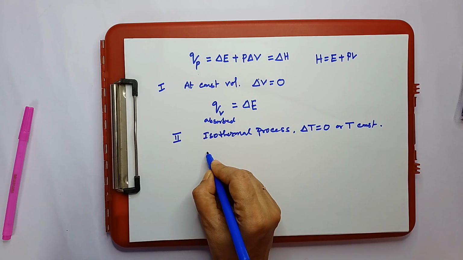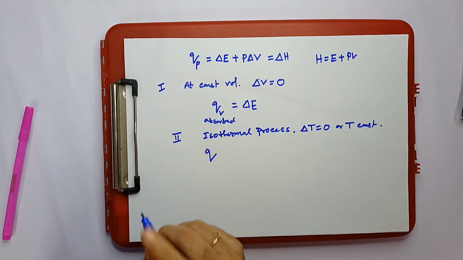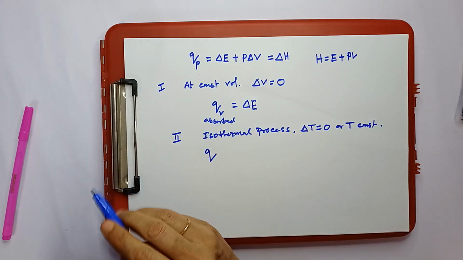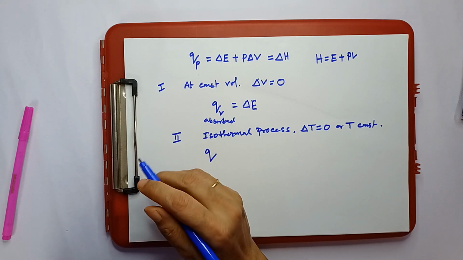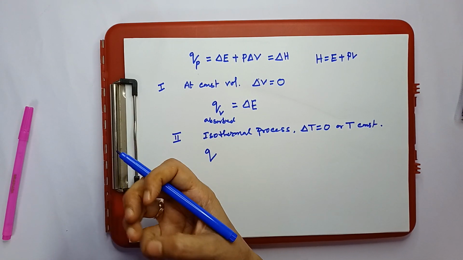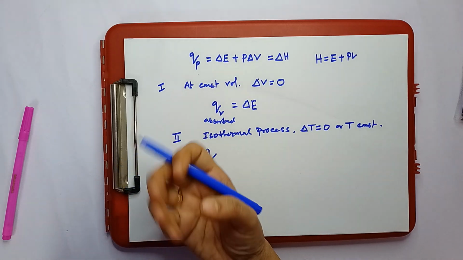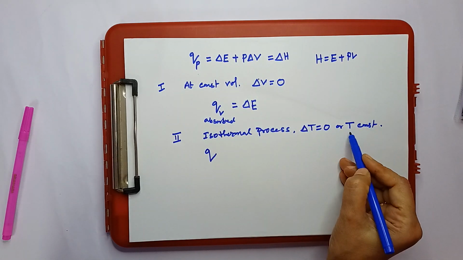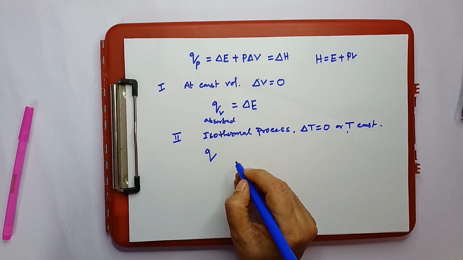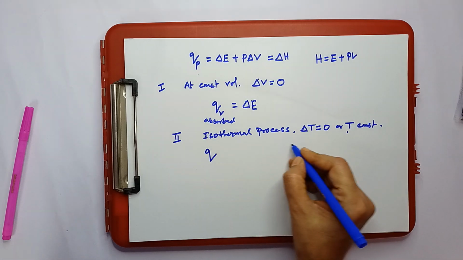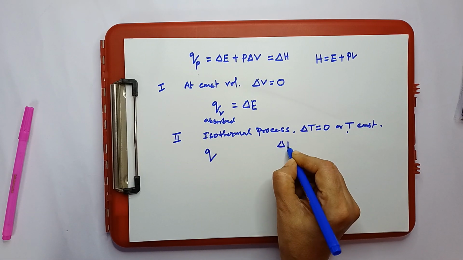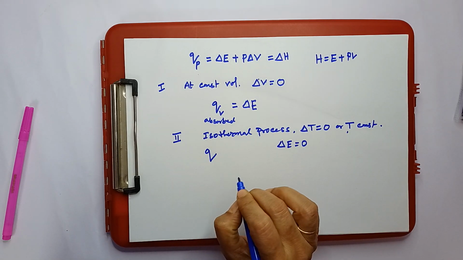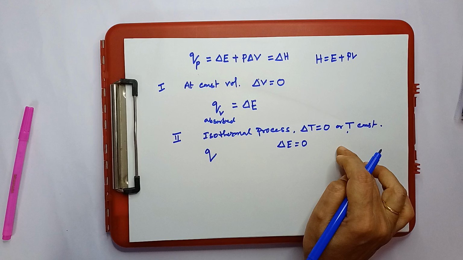Now if heat is absorbed but you have to keep the temperature constant, then internal energy is a function of temperature. Already I told you internal energy indicates the thermal energy. Internal energy increases means temperature increases. So when temperature is constant, there will be no change of internal energy. In that case, your delta E will be equal to 0.